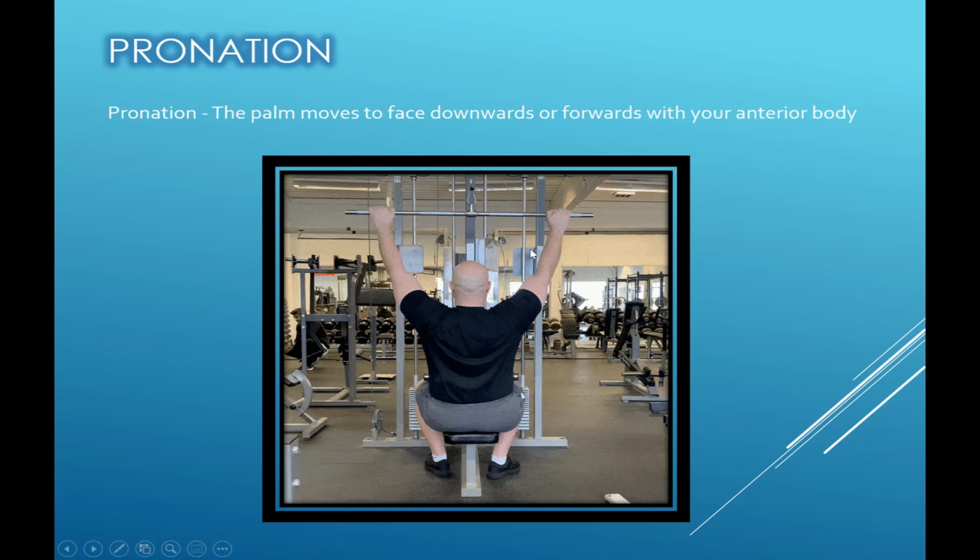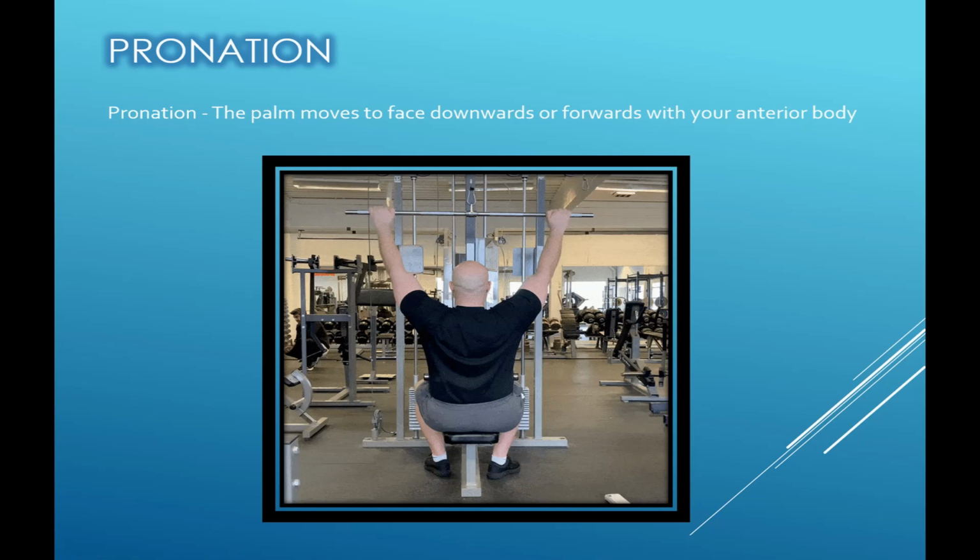So you may hear in gym lingo a pronated grip, and this is a form of pronated grip. You can see that the palms of the hands are facing forwards, and we have an overhand grip which is pronated during this latissimus pull down exercise.